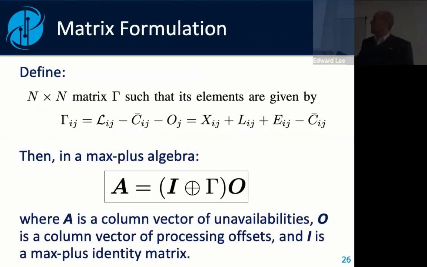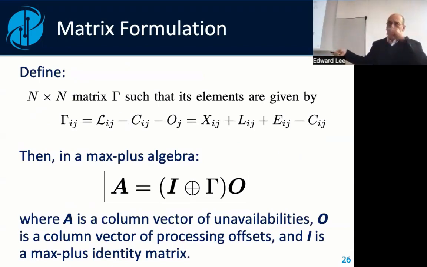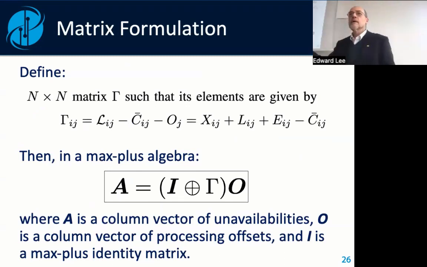This theorem has a beautiful formulation in a max plus algebra. It's a linear system of equations with a matrix that captures the apparent latencies between any pair of components in the network. So the theorem adapts very well to heterogeneous networks.